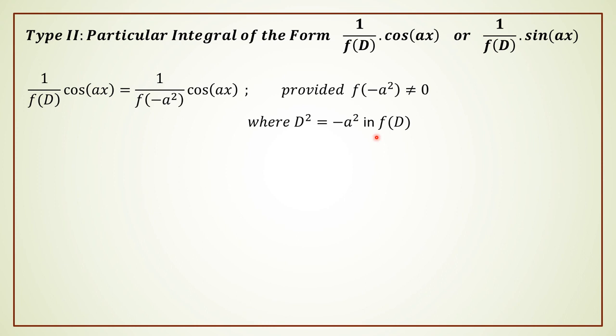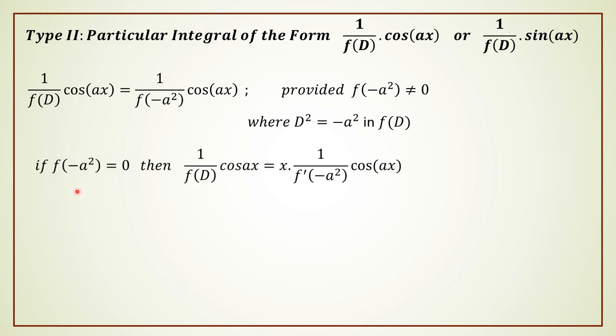Suppose if f of minus a square is equal to 0, then 1 by f of D cos ax will be equal to x into 1 by f dash of minus a square into cos ax. That means you have to multiply an independent variable x and you have to differentiate the denominator.